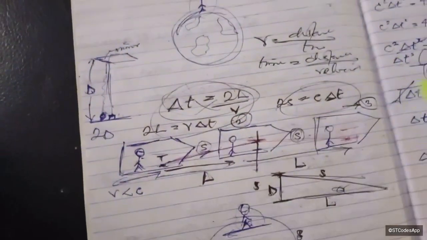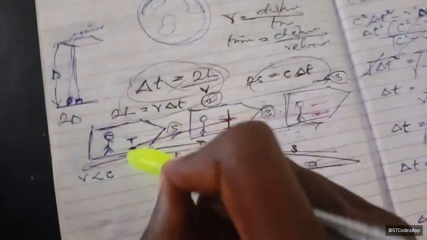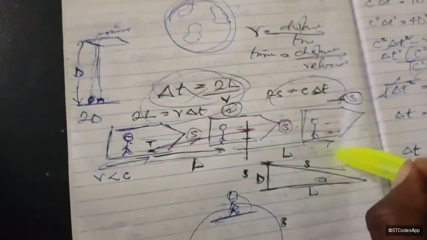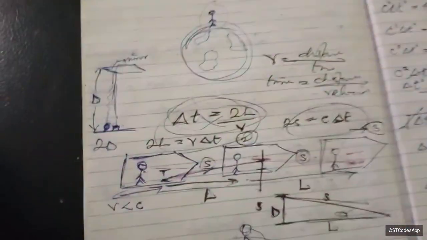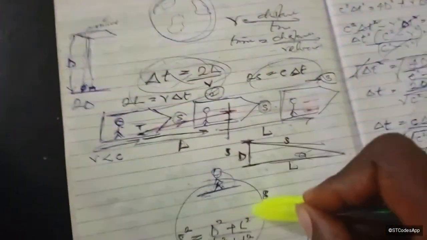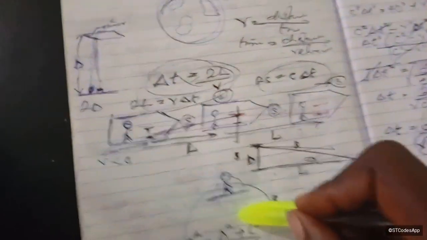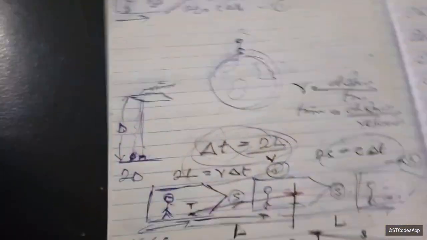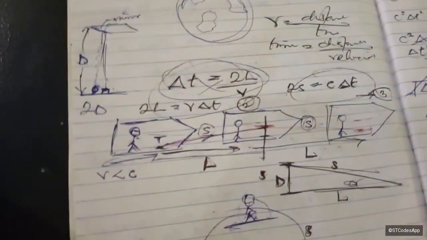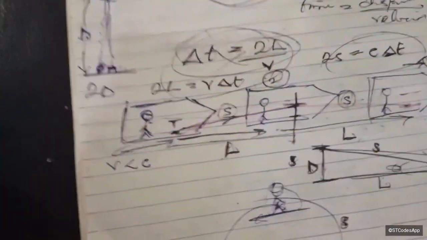It took that path at the same speed, but because it covered a longer distance, L to L here, it means that more time would have passed from the Earth observer's point of view. From his own point of view, that's the person observing on Earth, more time would have passed. Is that okay?